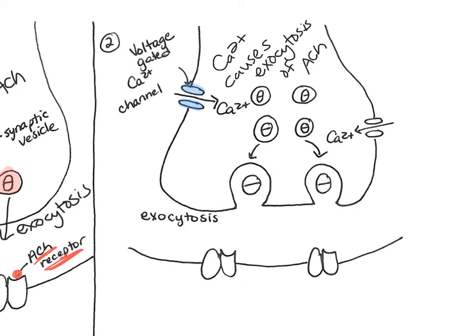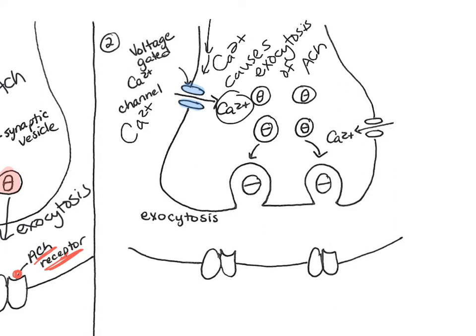Right? So the nerve impulse opens up these voltage-gated calcium channels. Calcium is higher outside the cell than it is inside the cell. So that causes calcium to flood into the axon terminal.